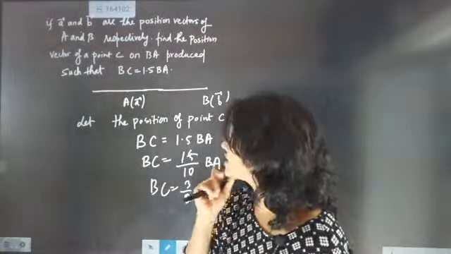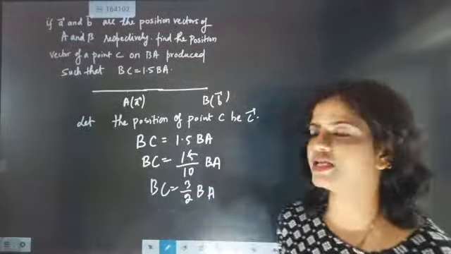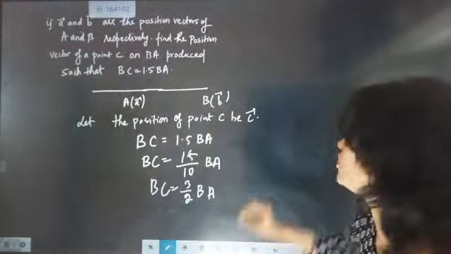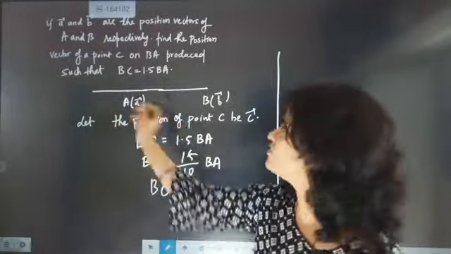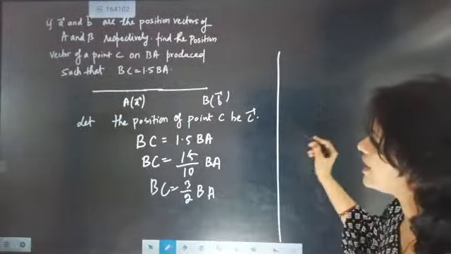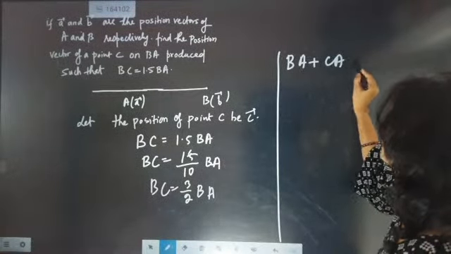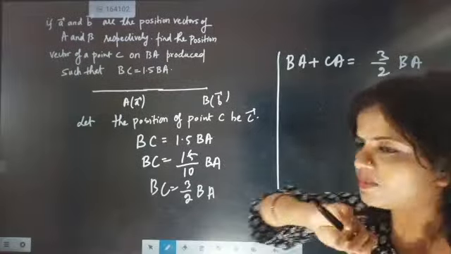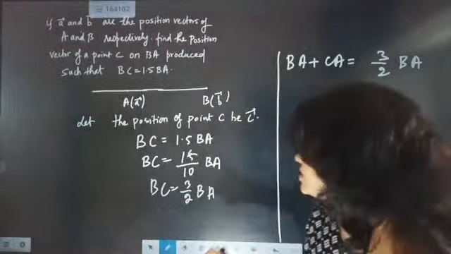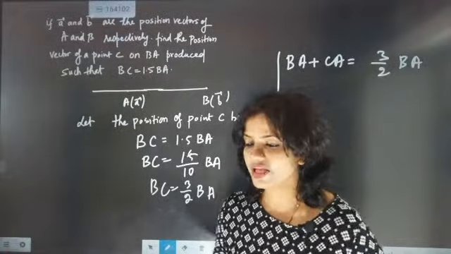But one thing is there, that BC can be written as BA plus AC. So if C will be here also or C will be outside also, we can write BC as BA plus CA equal to 3 by 2 BA. We don't know where C will be, but we know that BC is a combination of BA plus CA.